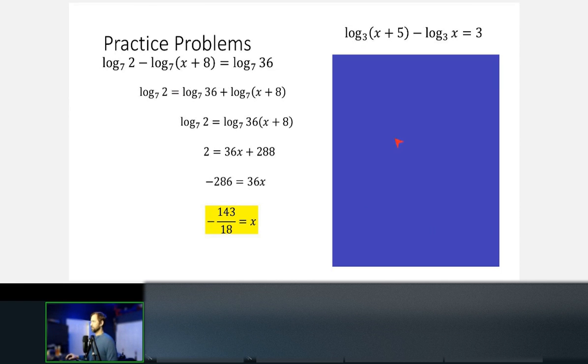All right, what did everyone get for this one? 5/8, 5/26. What else? 5/2, 5/26.